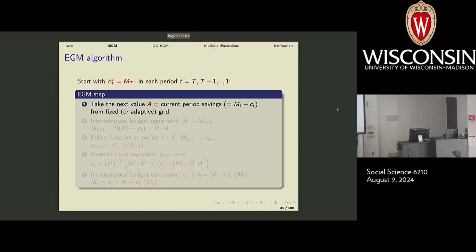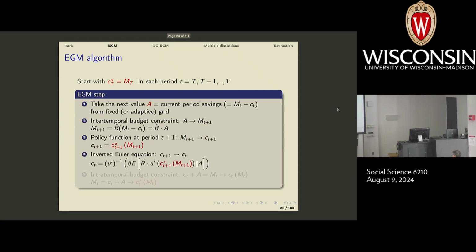So I take an A, and I will have to go through a bunch of these different A's, which represents the amount of money after the consumption choice. Given this A, in this model, I will be able to reconstruct the amount of wealth tomorrow. And then given the optimal consumption, the policy function, I can calculate the optimal consumption tomorrow. That then can be put into the Euler equation that puts into correspondence the optimal consumption today and tomorrow.